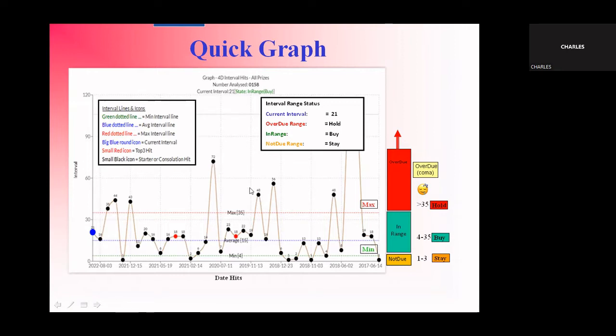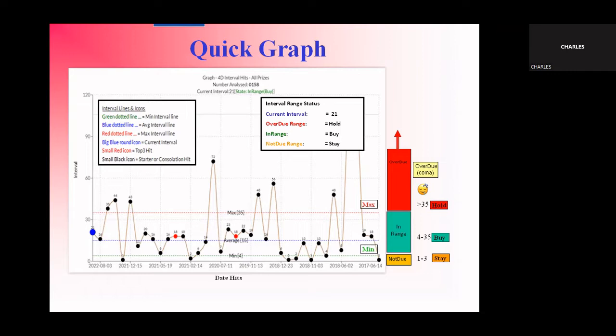Or some shorter interval which is 45 and 56. So you have also noticed that for those numbers after crossing the maximum interval line, the hit rate is also much fewer than those in range. So you may see something like about 15% or 20% of the hits in the overdue range. So again, when a number is overdue, usually we don't recommend to play.